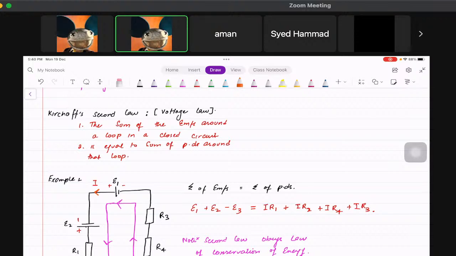So you're following that. So the current needs to oppose it, which means that because it is opposite, we have put it as negative E3. It just means that it's not in the same direction as the flow of current. Understood? Yeah.